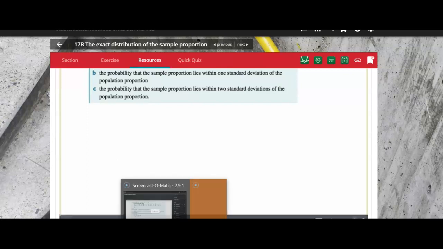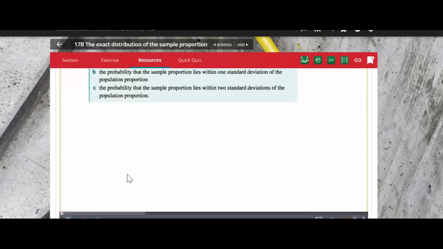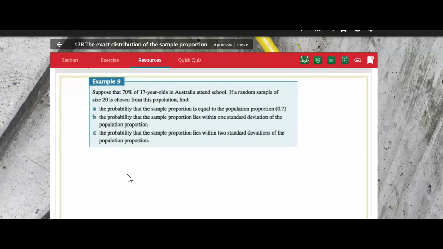This question here is dealing with a sample of 17-year-olds, and we're looking at whether these 17-year-olds attend school or not. Now, for this particular problem, we're going to assume that 70% of all 17-year-olds attend school in Australia.